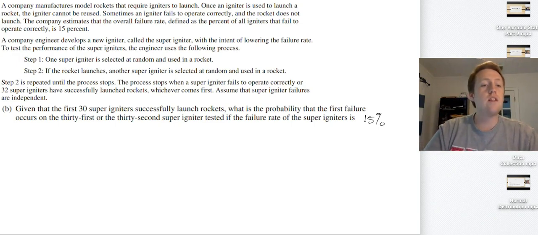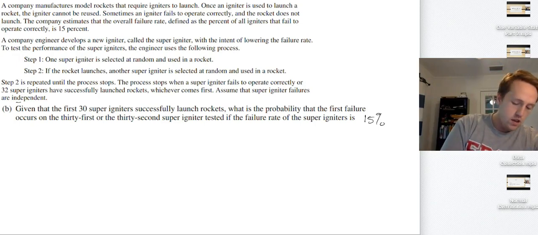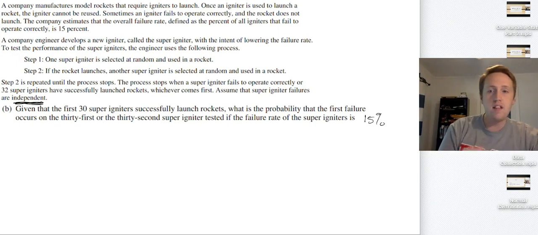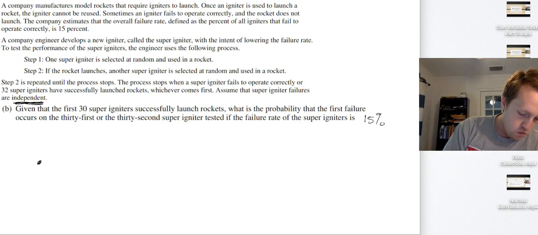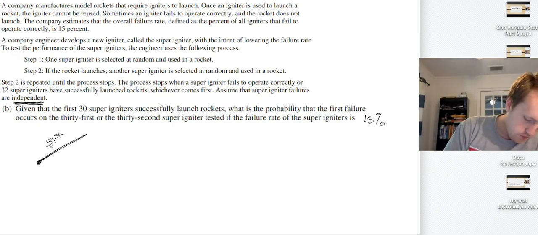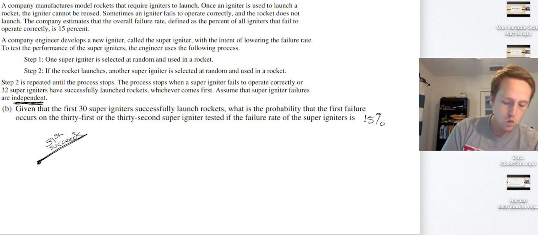All right, so given that the first 30 superigniters launched, I don't care. They're independent, right? This right here, independence. That means it doesn't matter what happened. Basically, I just want to know, will the 31st launch? Because if the 31st succeeds, we're going to launch a 32nd.